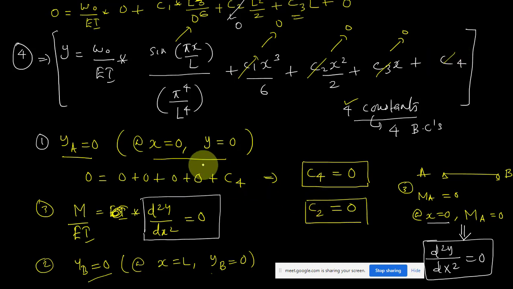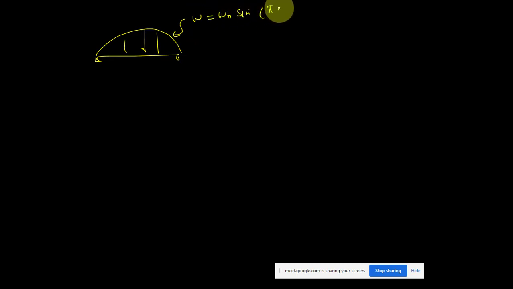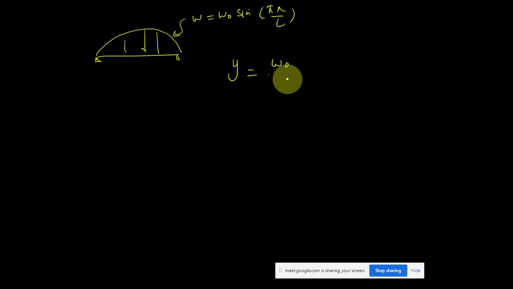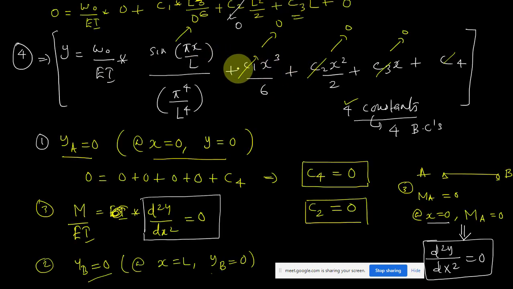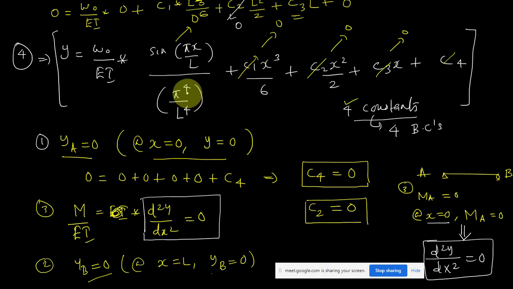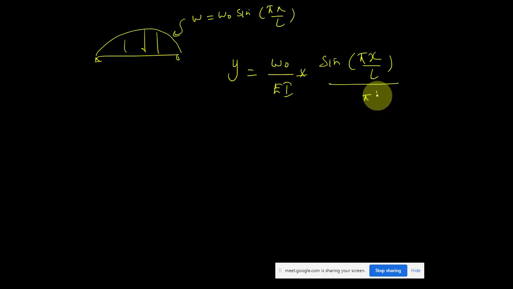Finally, your question was this one, a simply supported beam with sinusoidal loading, W equal to W0 sine of pi x by L. Your final differential equation, y will become y equal to W0 by EI into sine of pi x by L divided by pi raised to 4 by L raised to 4.